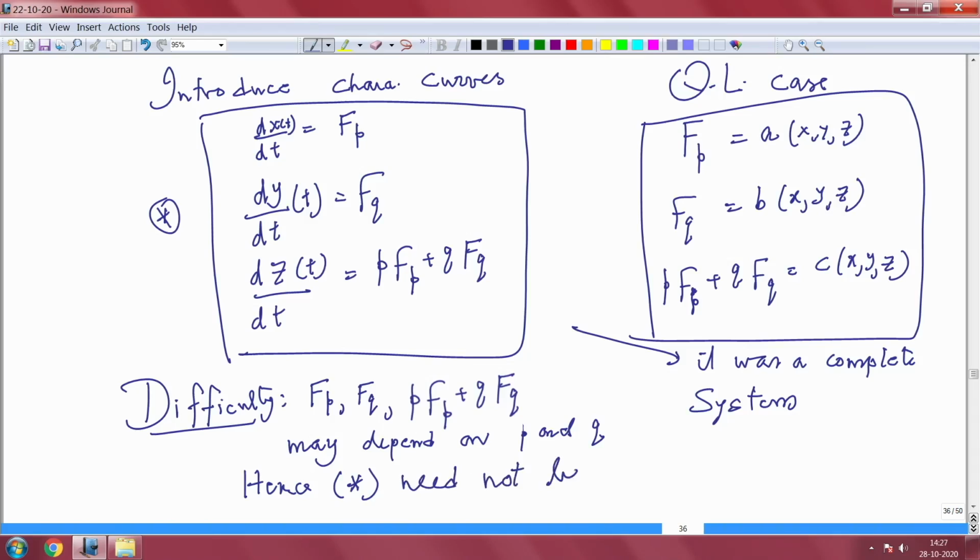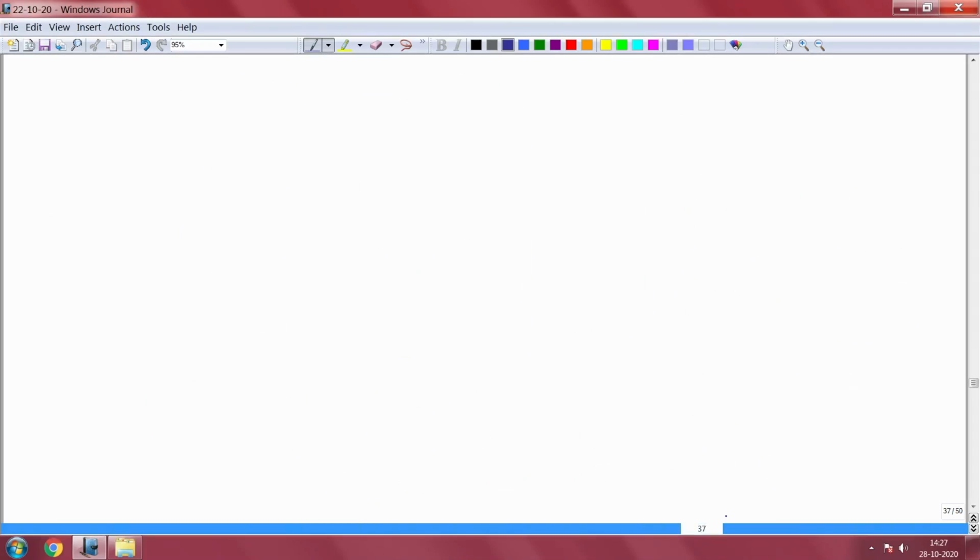This also suggests you need equations for p and q, which we can derive easily.